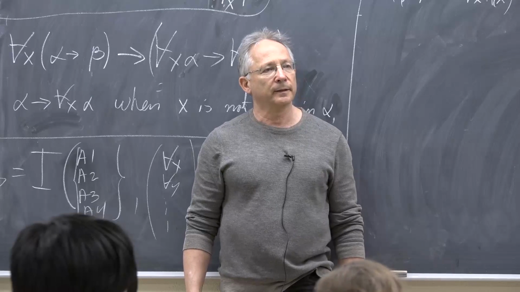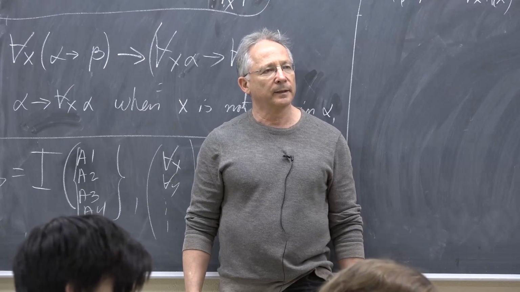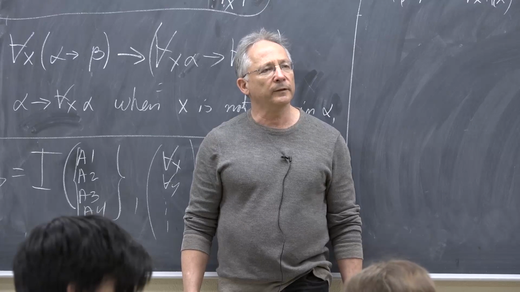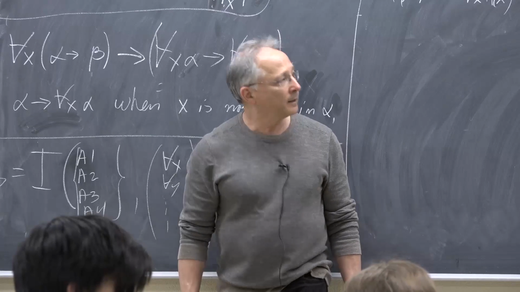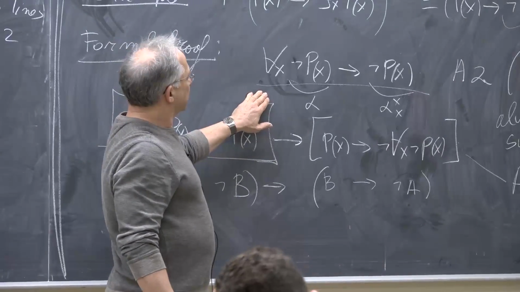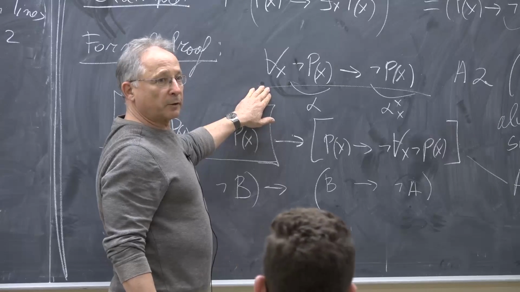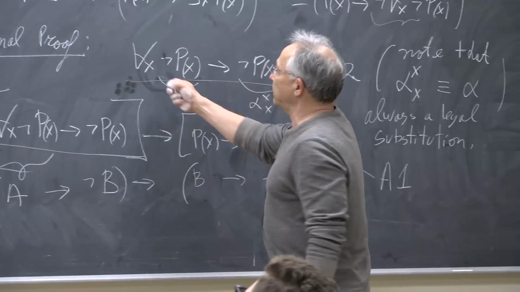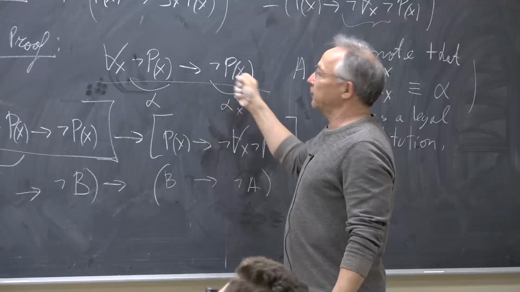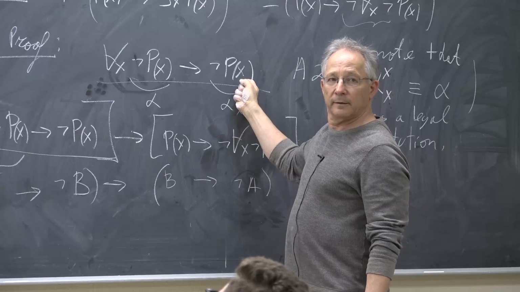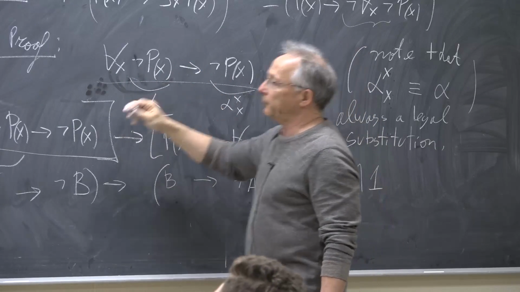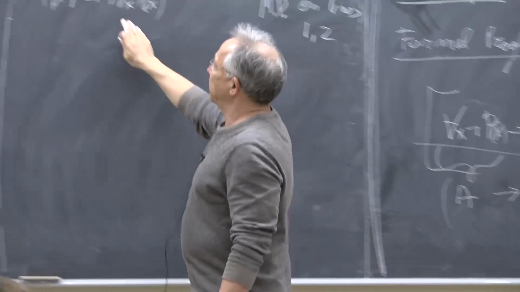Would it make sense to use the propositional tautology as the first step? For this one? So you want to justify it as a propositional tautology. But if I break it down as a propositional tautology, all I get here is A arrows not B. I can't get rid of the for all.